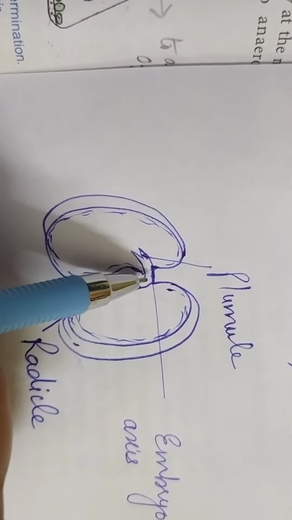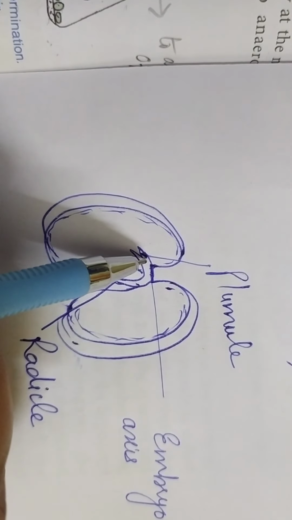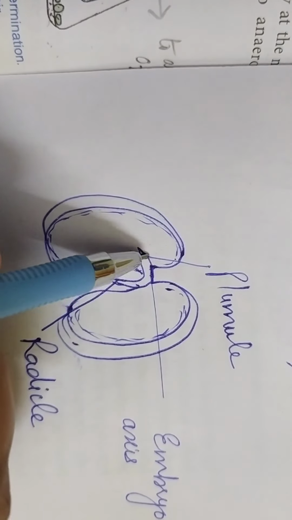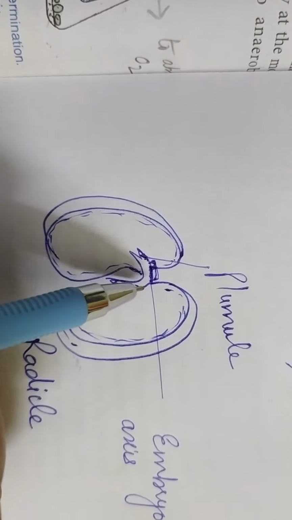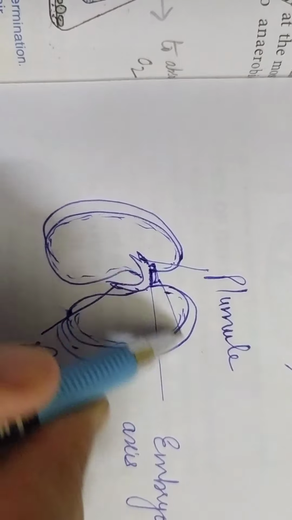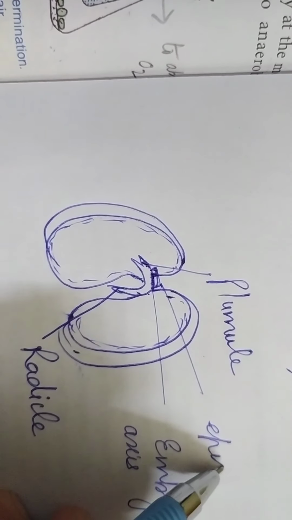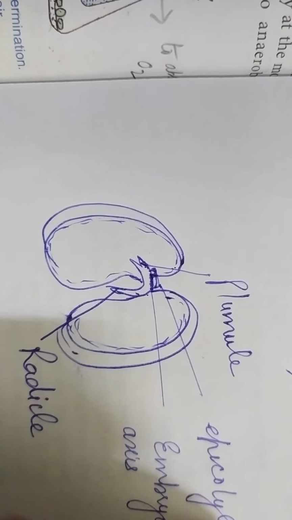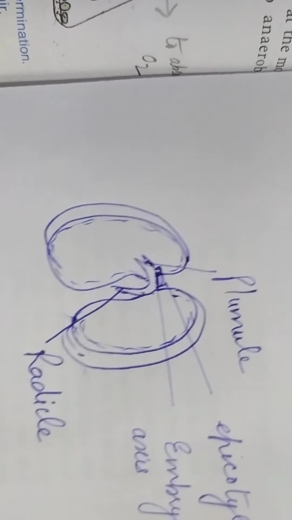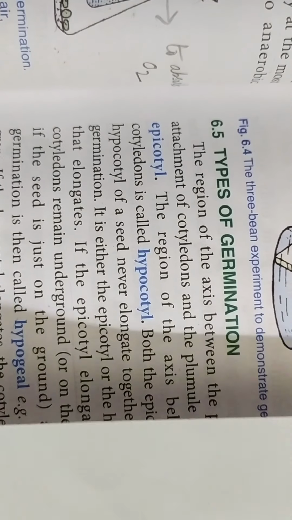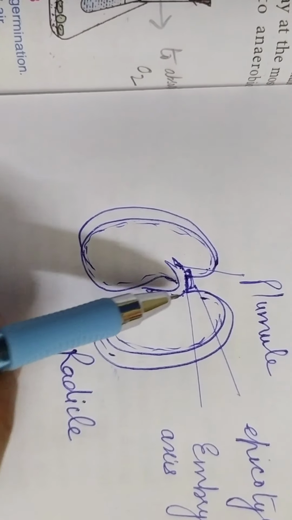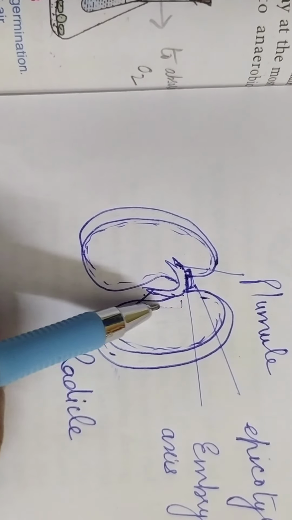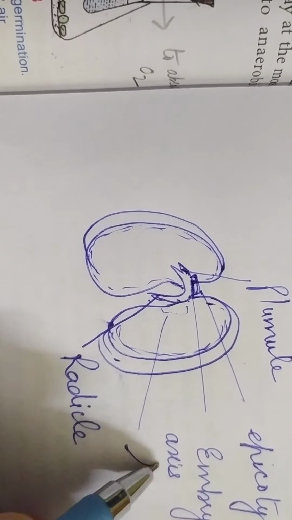Now you must see carefully that the part between the plumule and the embryo axis is known as epicotyl. And the part between the embryo axis and the radicle will be known as hypocotyl.